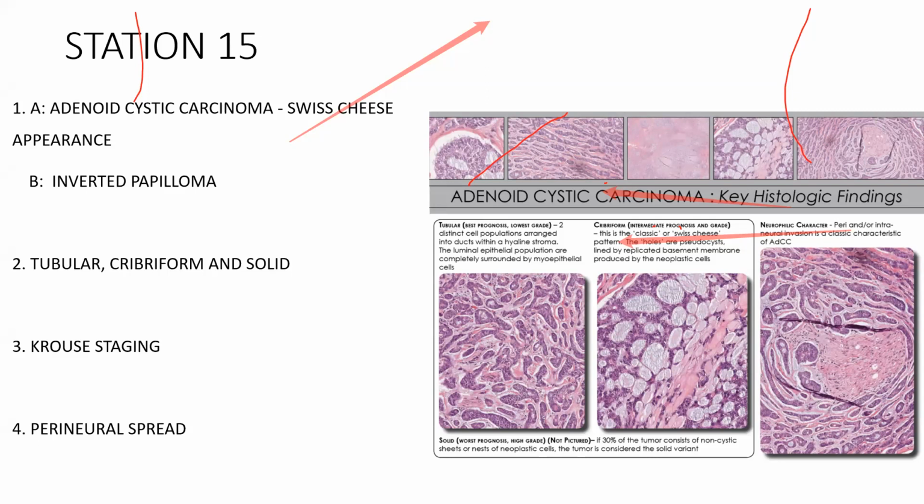And one more point: in adenoid cystic carcinoma, what is the commonest translocation? There are so many in adenoid cystic carcinoma. There is a translocation between the 6th and the 9th chromosome, and that was also sometimes asked. That is the commonest chromosomal translocation you come across in adenoid cystic carcinoma.